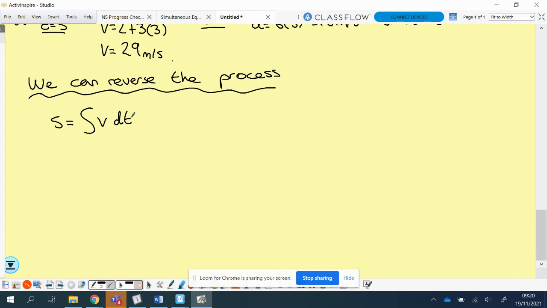Okay, because to get the velocity, we differentiate displacement, so we do the opposite. We would integrate the velocity function. And likewise, if I wanted to work out the velocity function, I could either differentiate the displacement if I had that, or if I know the acceleration, I would integrate the acceleration function.